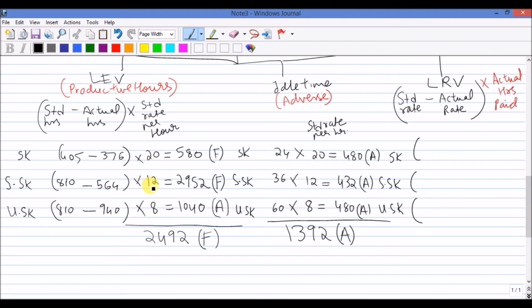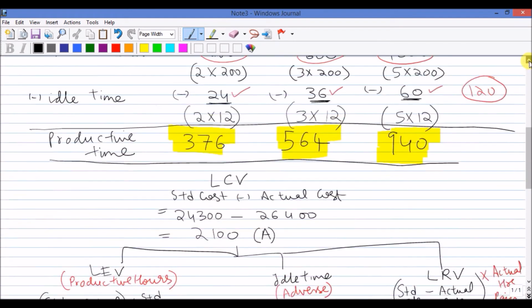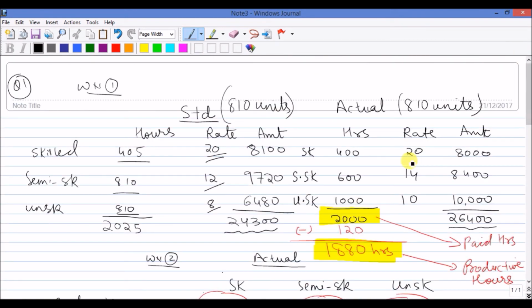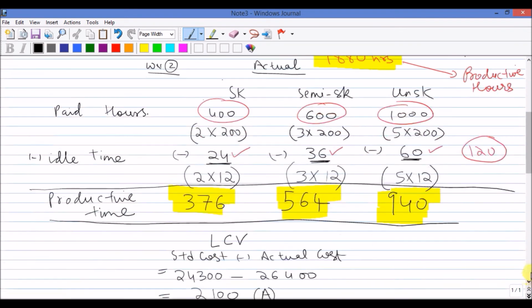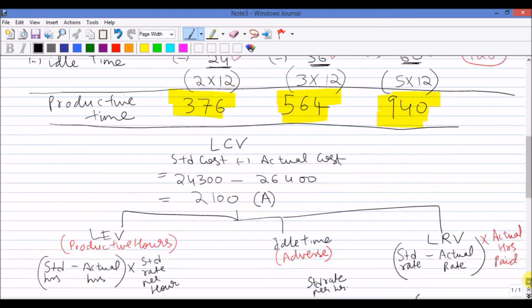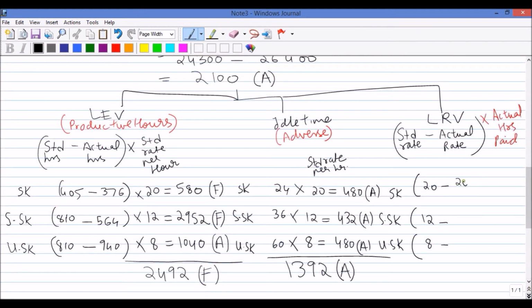Standard rate is 20, 12 and 8. Actual rate is 20, 14 and 10, and then we need to multiply with the actual hours paid.